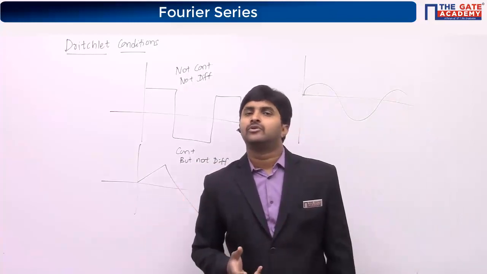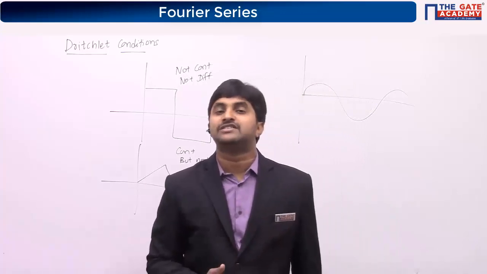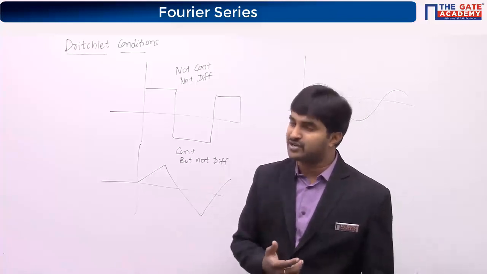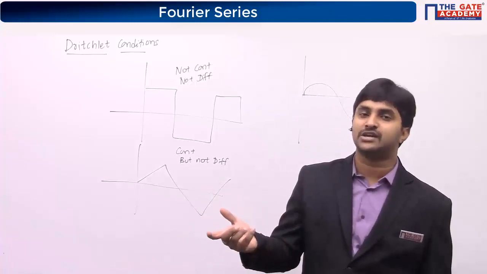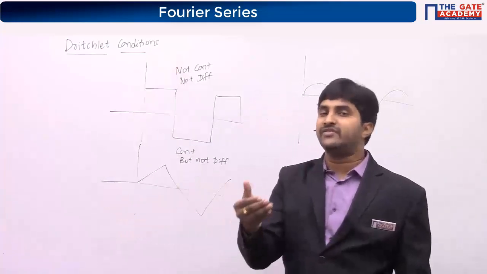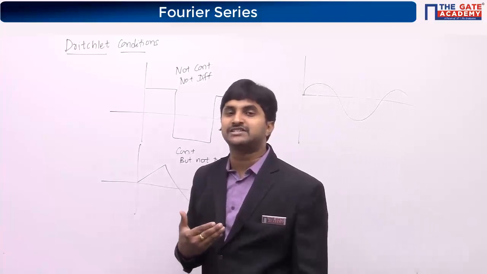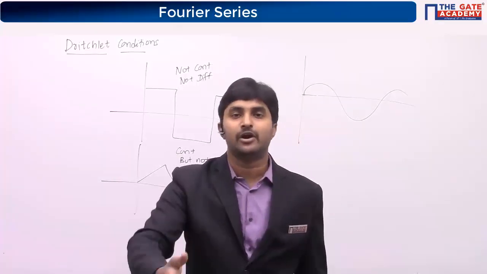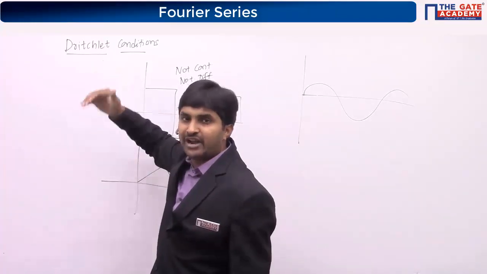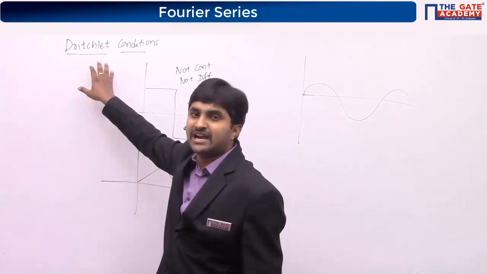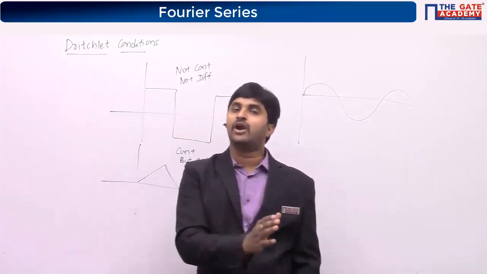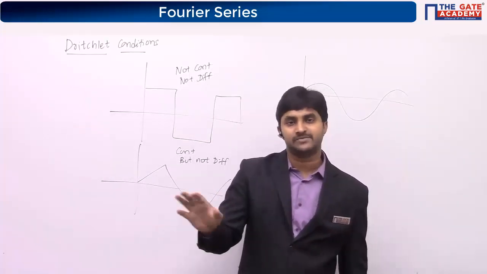So, coming to the validity of a Fourier series expansion, what is the nature of the periodic functions for which we can have a valid expansion? There are some conditions. If these conditions are followed, then we can say that Fourier series expansion is possible for that periodic function.